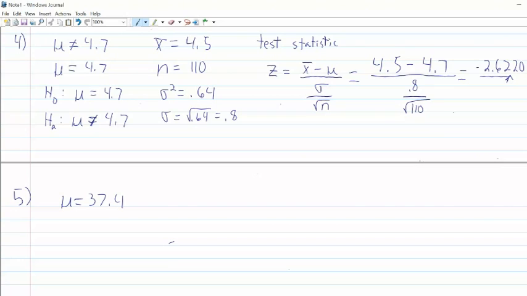So we write down what's given. The claim is that it's not 37.4 miles per gallon. And so the opposite of that would be that it's equal to 37.4 miles per gallon. So the one that has the equals to, that's going to be our null hypothesis.